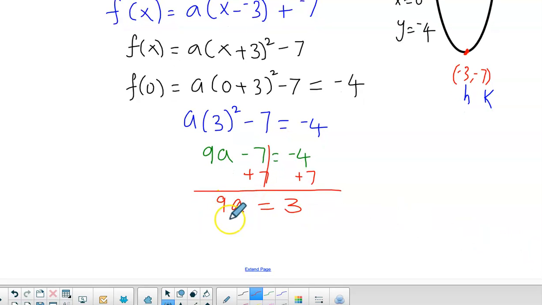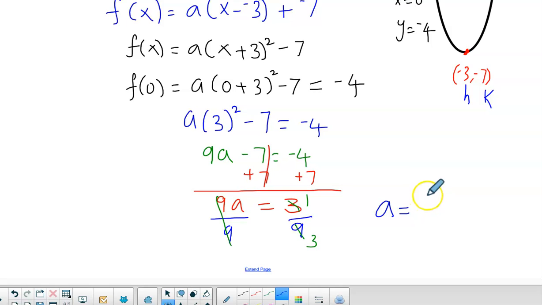Now I have 9 multiplied by a. To make a by itself, I have to do the opposite of multiplication, that is division. I divide by 9 on the left hand side and do the same on the right hand side. 9 and 9 cancel, and 3 divides 3 one time, and 9 three times.